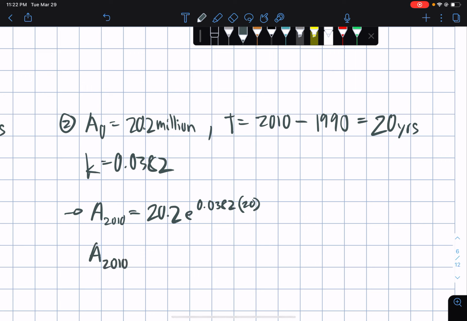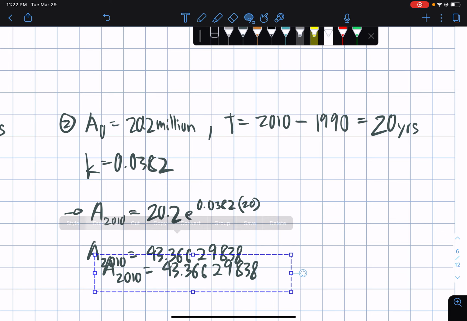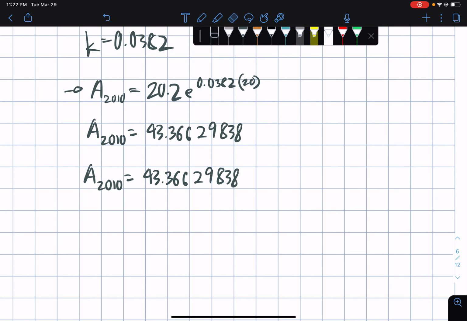A sub 2010 is equal to 43.36629838. Let's just copy this. 43.366, or approximately just 43 million.